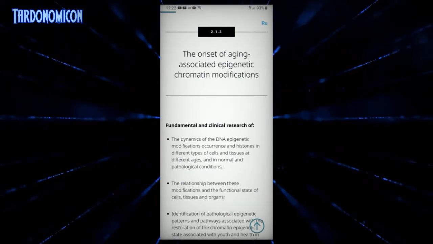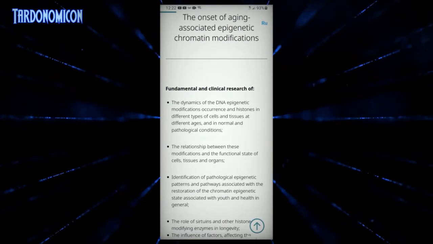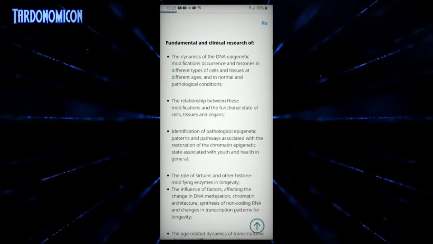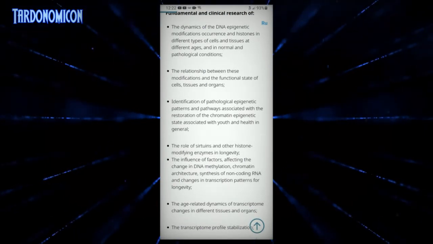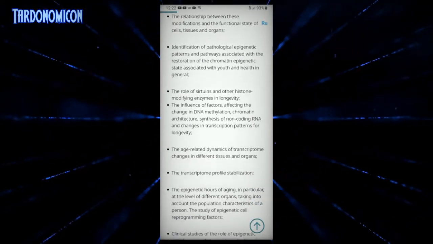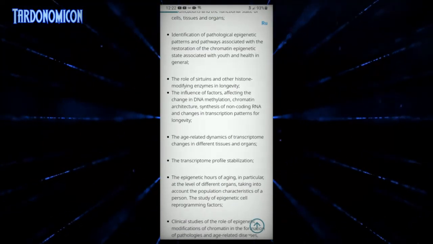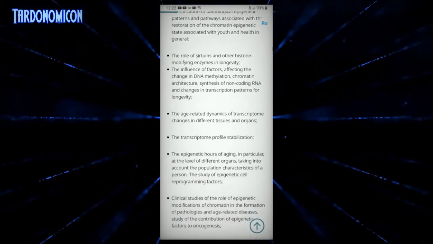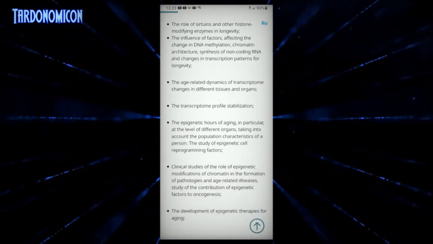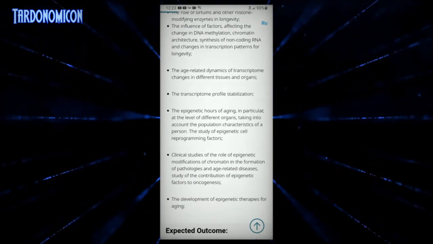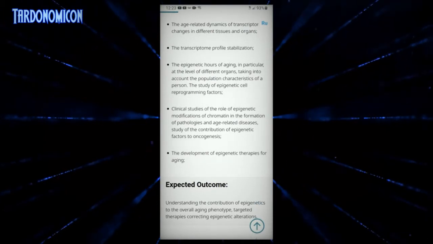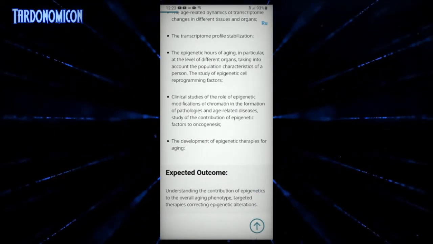The onset of aging-associated epigenetic chromatin modifications, the dynamics of DNA epigenetic modifications and histones in different types of cells and tissues at different ages and in normal and pathological conditions, the relationship between these modifications and the functional state of cells, tissues, and organs, identification of the pathological epigenetic patterns and pathways associated with the restoration of the chromatin epigenetic state, associated with youth and health in general, the role of sirtuins and other histone-modifying enzymes in longevity, the influence of factors affecting the change in DNA methylation, chromatin architecture, synthesis of non-coding RNA, and changes in transcription patterns for longevity, the age-related dynamics of transcriptome, changes in different tissues and organs, the transcriptome profile stabilization, the epigenetic clocks of aging.